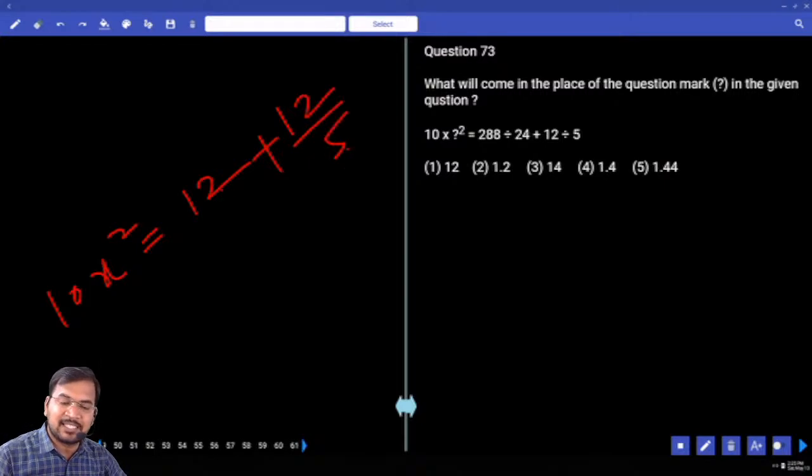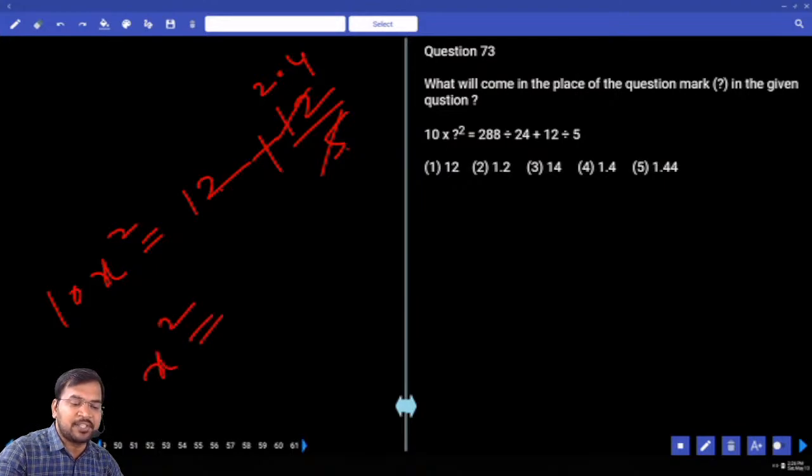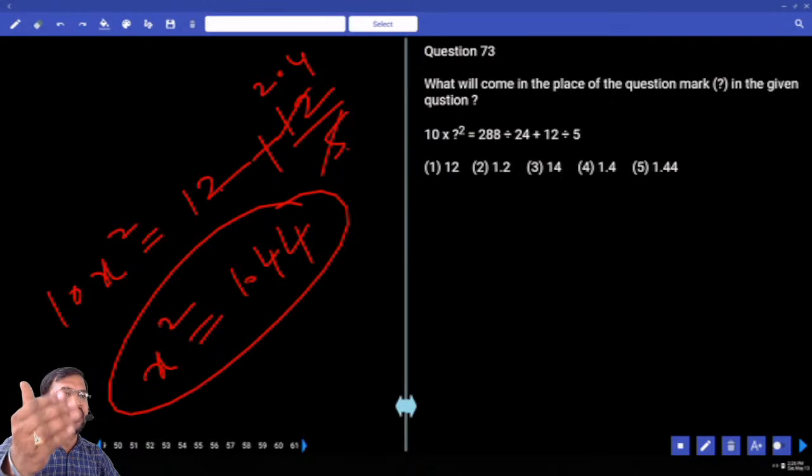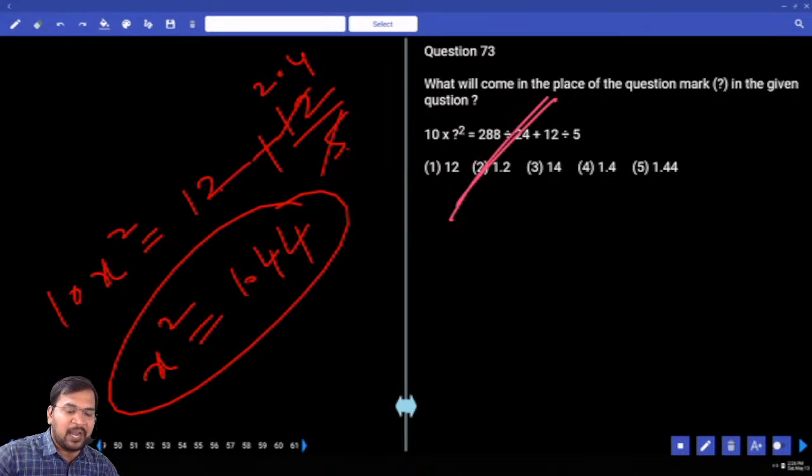So 5 12s are 60 plus 12, 72 by... Otherwise, this is 2.4 times, na? Yes or na? 12 plus 2.4, 14.4, na? x square is equal to 1.44, na? This 10 comes to the side. 14.4 by 10 is nothing but 1.44, na? So 1.44 is which square? 1.2 whole square.